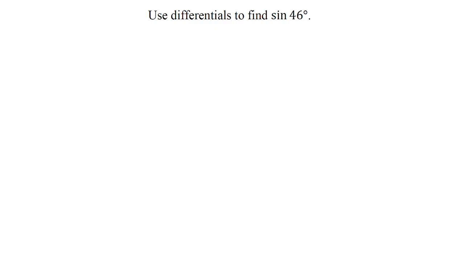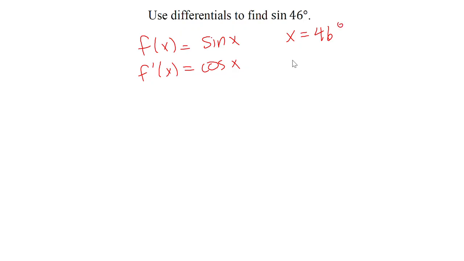And for our last one here, we want to use a differential to find the sine of 46 degrees. So our function is going to be sine of x, and the derivative is going to be the cosine of x. The x value we want is 46 degrees, and the a value would then be 45 degrees, because we can evaluate the sine of 45 degrees really easily.